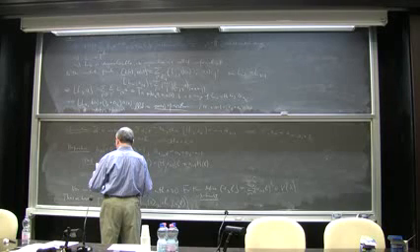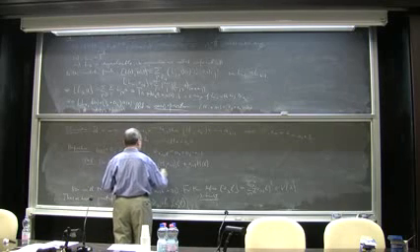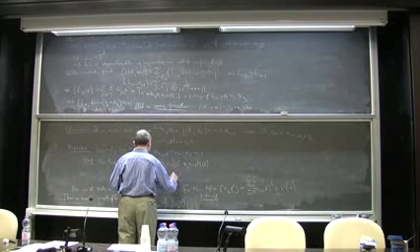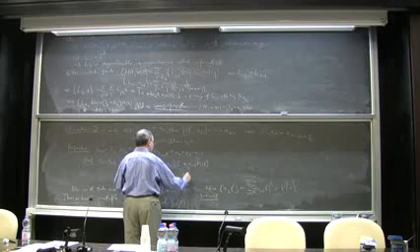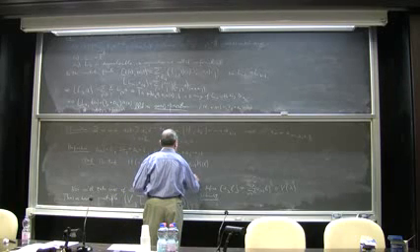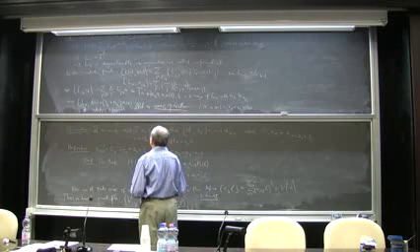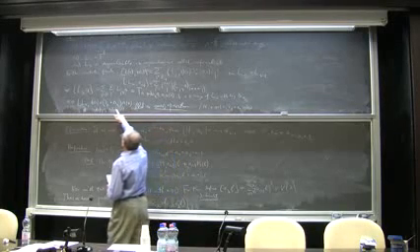This is equal to delta A minus n minus 1 times, and this gives you delta T. And this follows from the definition.